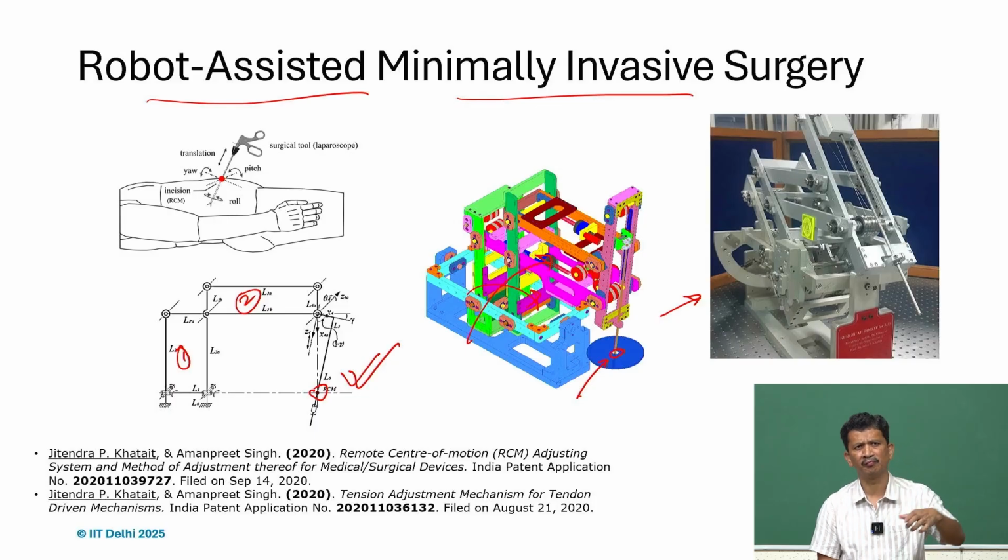So the link length may not be the same. There might be some differences. So we try to study the sensitivity if the link lengths are different, and how we can adjust and realign things post assembly.